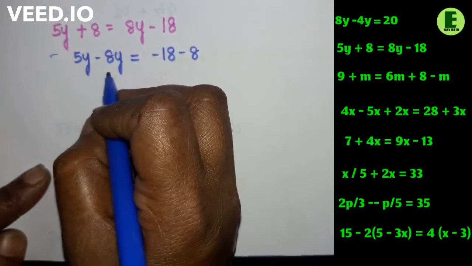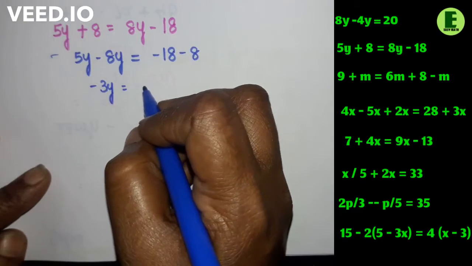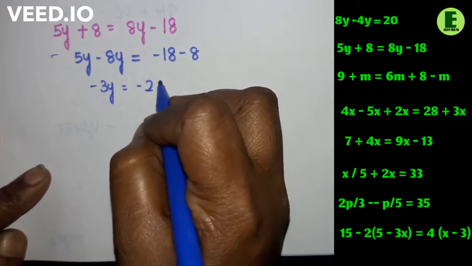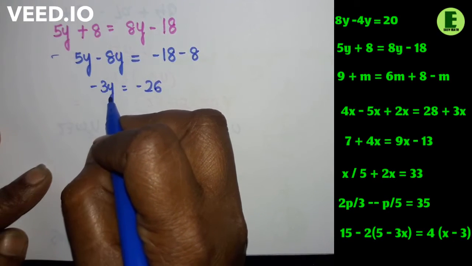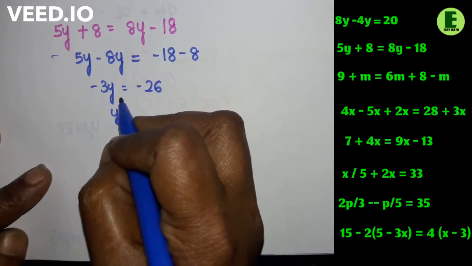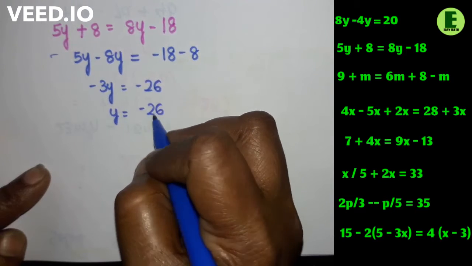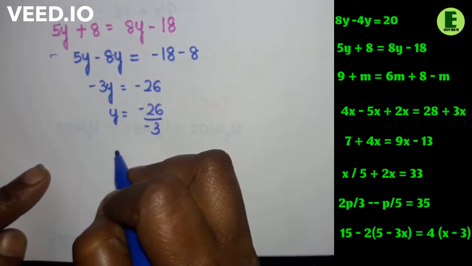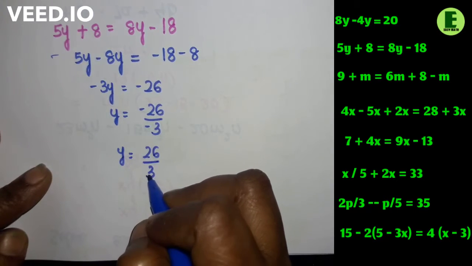So 5y minus 8y is minus 3y is equal to minus 18 minus 8, which is minus 26. Now we have 3 under multiplication with y, so we will transpose this 3 towards the right hand side. So we will get minus 26 by minus 3. So y is equal to 26 by 3.